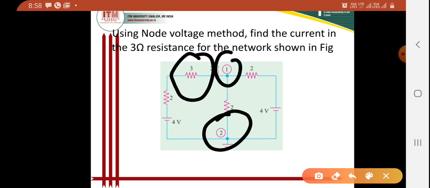So using the technique as per the nodal analysis, I am coming to the blank slide now.